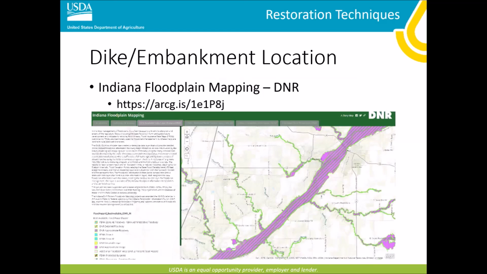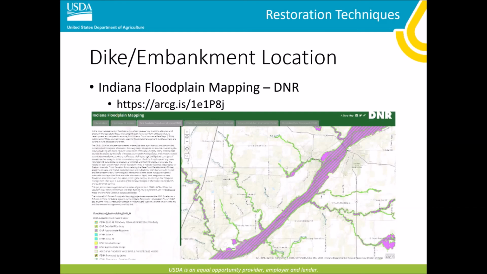So how do you know if you're in a floodplain? The Indiana DNR does an amazing job of maintaining this website right here. It's not the friendliest link, but you could easily find it by searching in a search engine. It covers where the floodplain is at. There are 2 different types of tools available: the best available layer, which I probably can't really see, and the floodplain information portal.